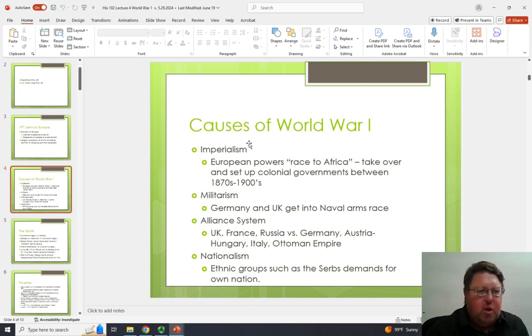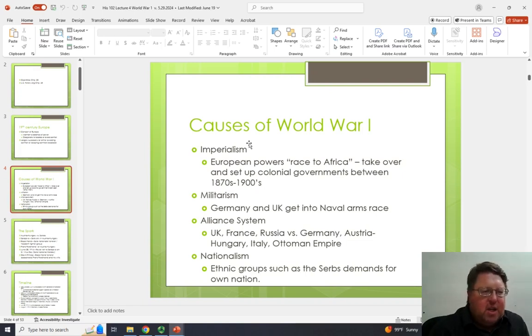The alliance system, you have teams forming again. You can mention, previously during the last century, you had the Concert of Europe, where the big powers of Europe, instead of dividing up into teams, worked together to maintain a balance of power. Well, by the 1910s, an alliance system is formed.